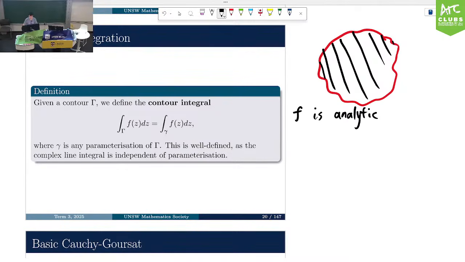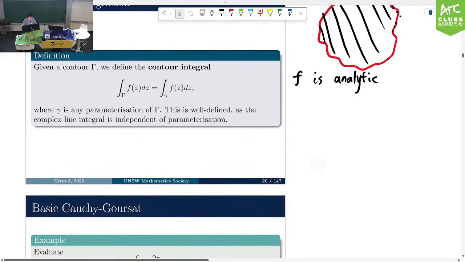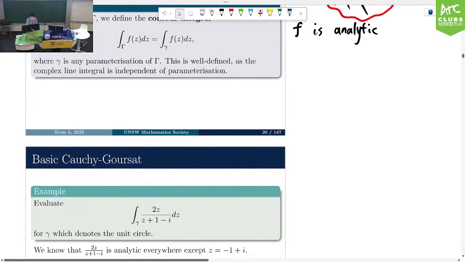It has to be analytic inside the curve, but it also has to be analytic on the curve. So you can't have some singularity, for example, here. If that's the case, then the closed integral is zero. And that's what we call the Cauchy-Goursat theorem.